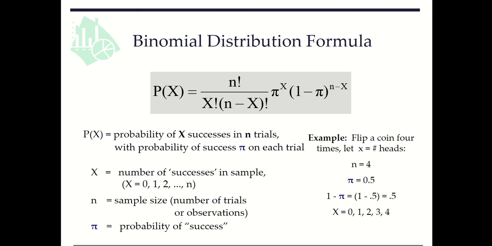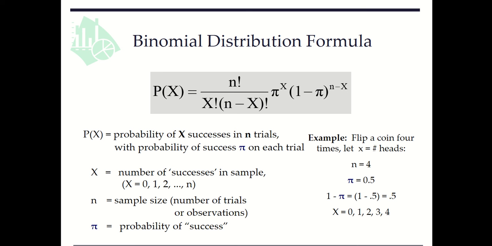Here is the binomial distribution formula. We have P(x), the probability of x successes in n trials, with probability of success pi on each trial. X can be 0, 1, 2, till n.